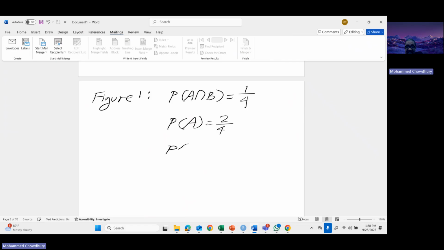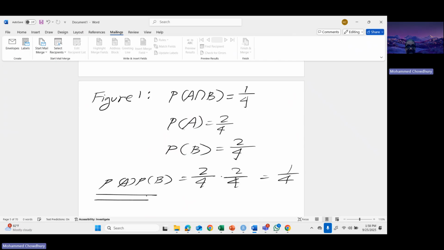The probability of B in figure 1 also has two sample points, which is equal to 2/4. Now the probability of A times the probability of B is 2/4 times 2/4, which is equal to 1/4. So these things are exactly equal.